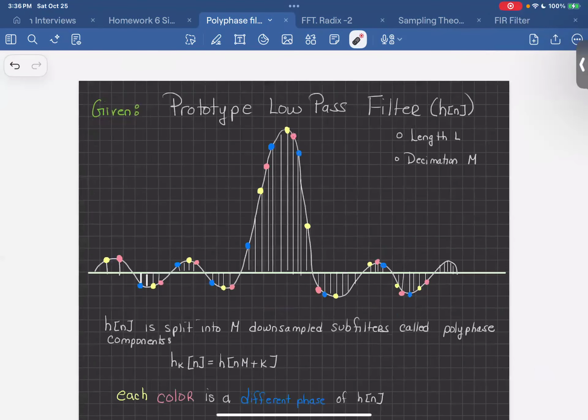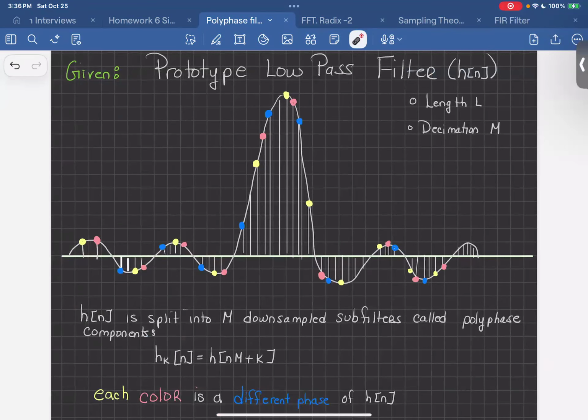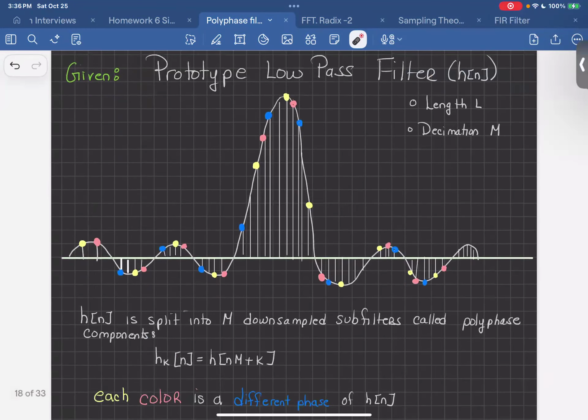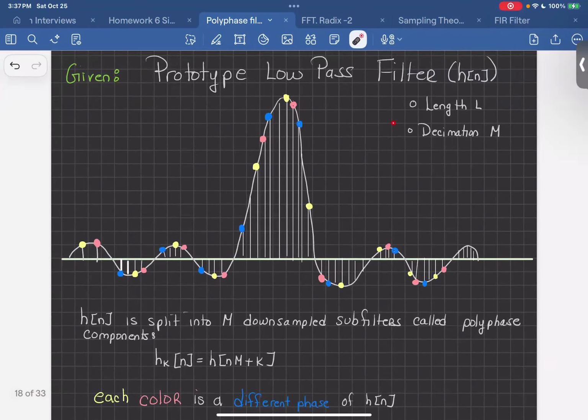Now we're going to look at how do we change our traditional implementation to our polyphase implementation. And so first of all, we have a length L filter coefficients from our impulse response, H of N. Decimation is M, that's our downsampling parameter.